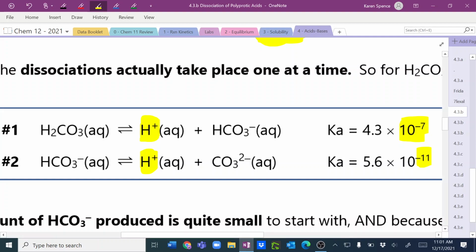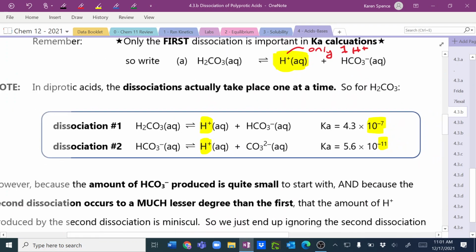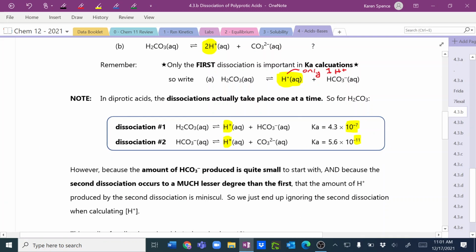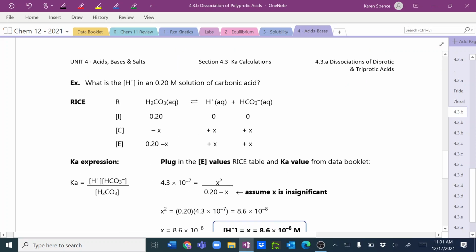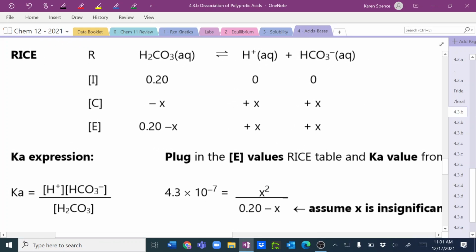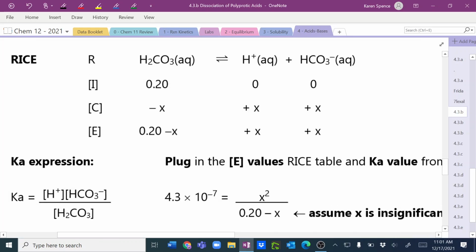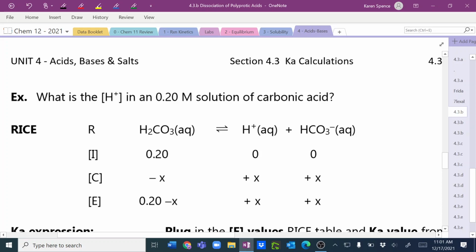And you know why you're going to be very glad of that? Because if you actually had to do the calculation, you would have your normal rice table, where you have your initial concentration, 0.2 molar. Remember, what are the original concentrations of the dissociated ions always?